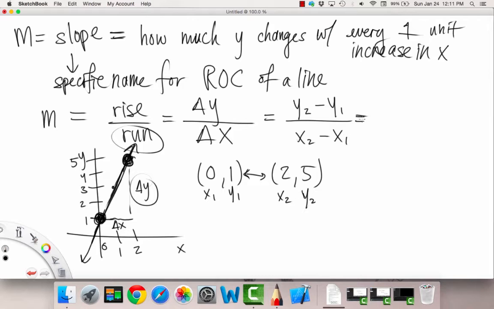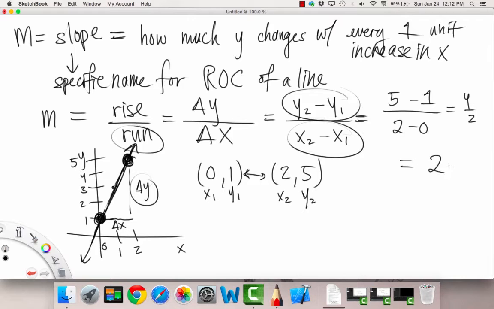But it's important to realize what's really going on. So again, this is the change in our y, or the change in our function values, and this is the change in our x values, okay? So if we plug them in, we get 5, which is y2, minus 1, and then over 2 minus 0. So this gives us 4 over 2, which boils down to just a 2, or 2 over 1, okay?